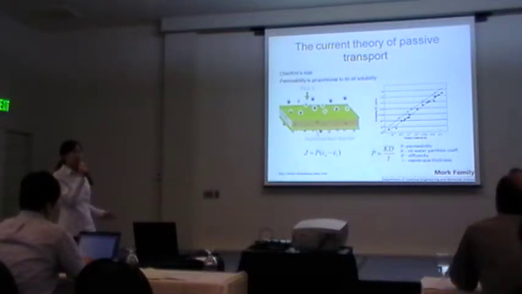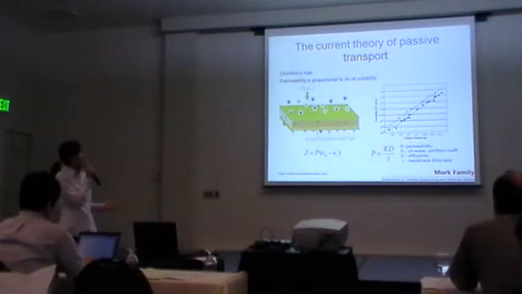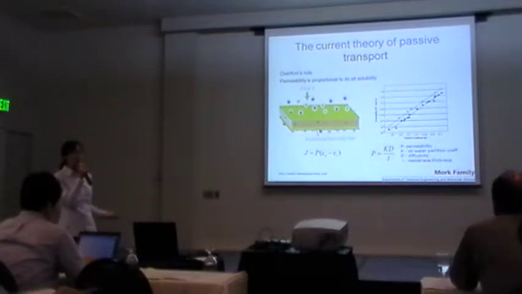And it can also be expressed in this equation. The membrane permeability is equal to the oil-water partition coefficient times the diffusivity inside the membrane over the thickness of the membrane. And here, the membrane permeability is proportional to the oil-water partition coefficient, as shown in this figure.